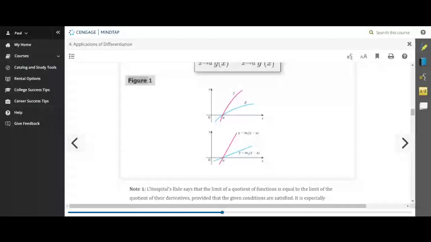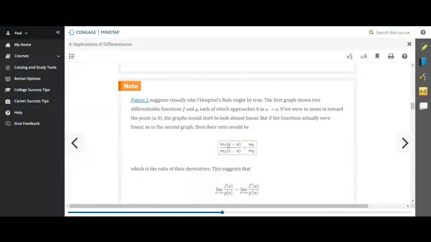The reason I'm mentioning this is because when students look at this picture from the book, I think they do a beautiful job of justifying L'Hopital's rule. The two tangent lines for functions f and g have those linear equations, and if you look at the ratio of those linear equations, the x minus a simplifies out, and you're left with the ratio of the slopes.